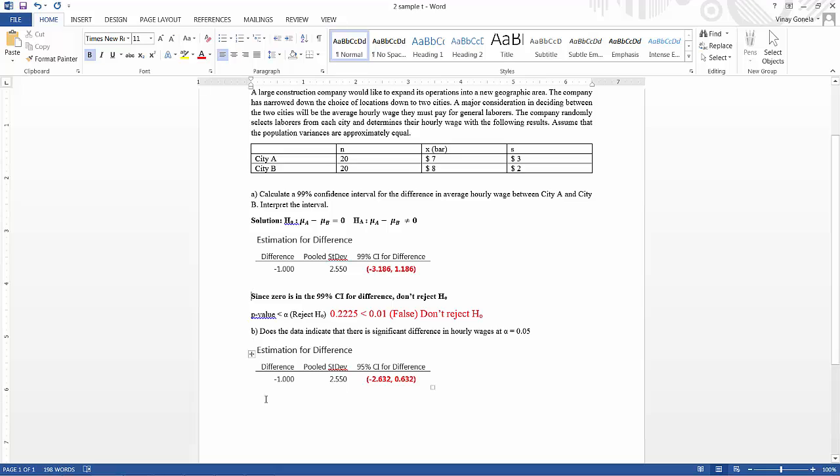So it's the same: since 0 is in the 95% confidence interval for difference, don't reject H null.